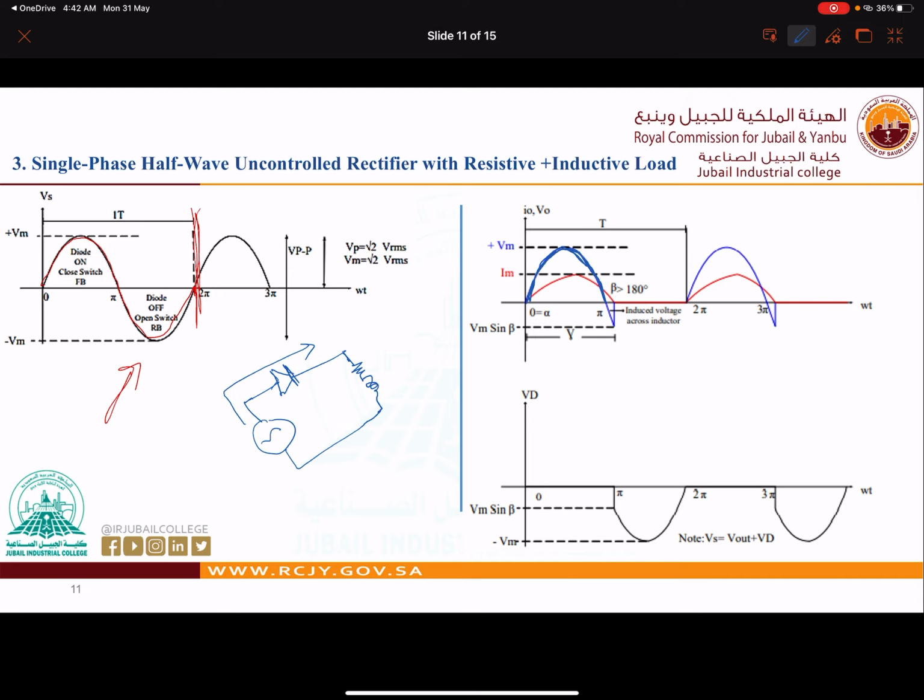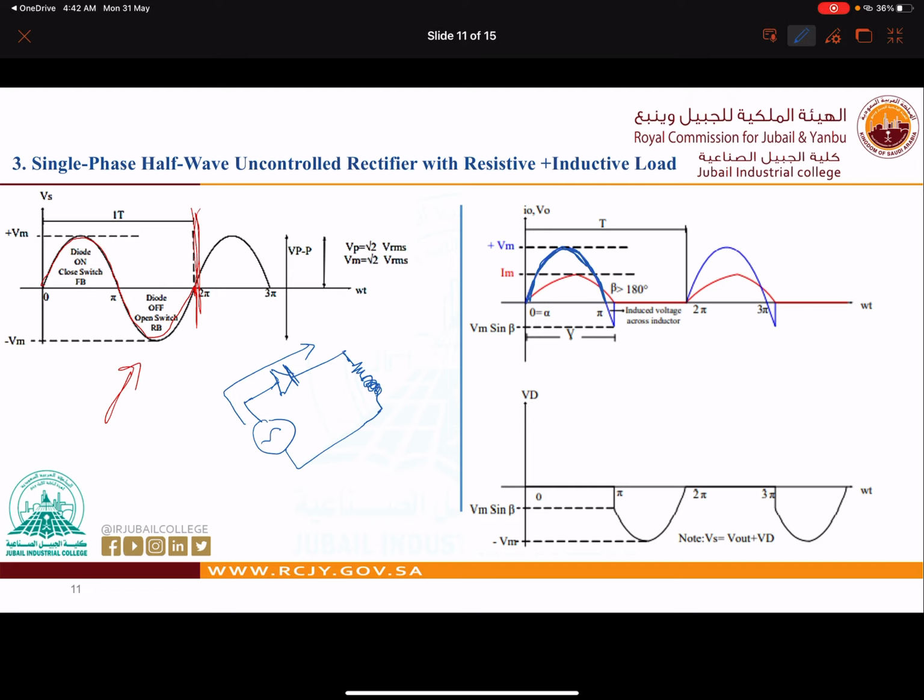But we have a problem here. For the positive cycle, this inductive load is going to charge with current, because of Faraday's law.